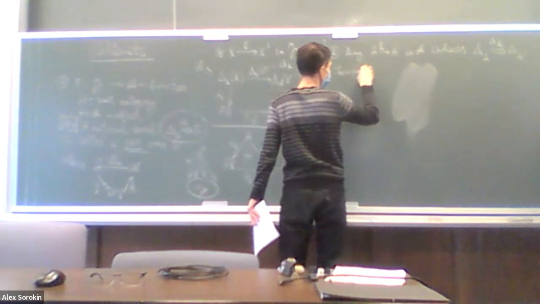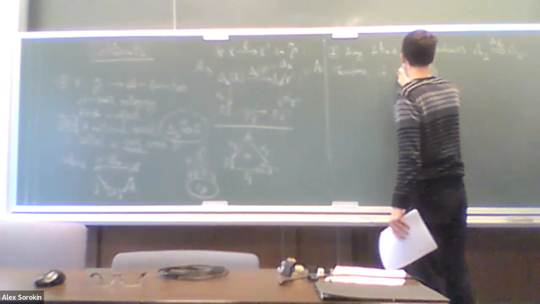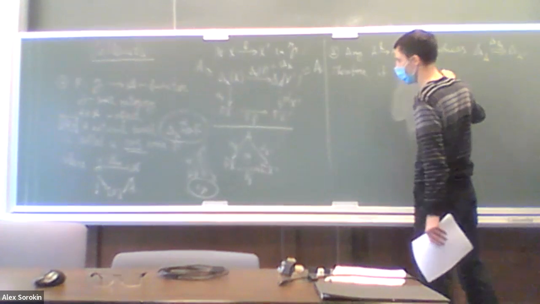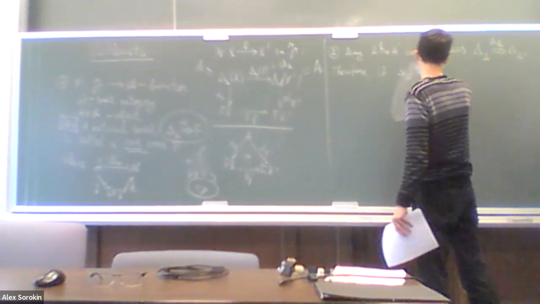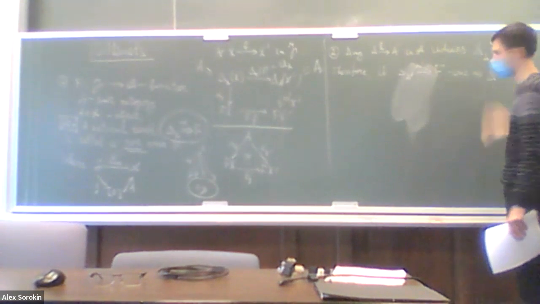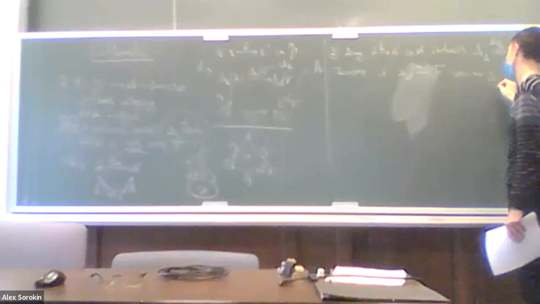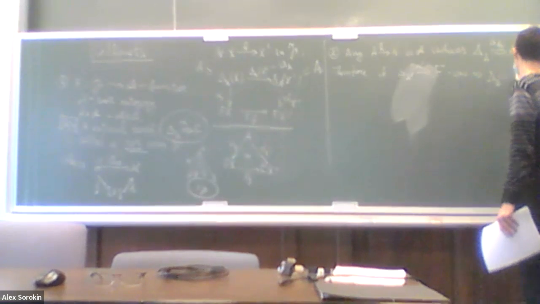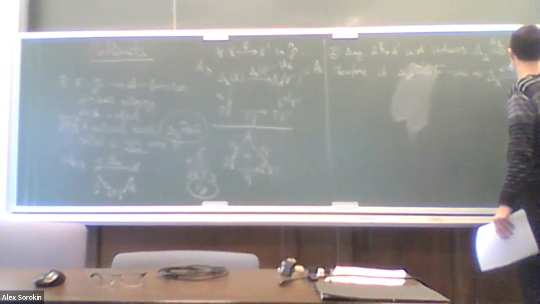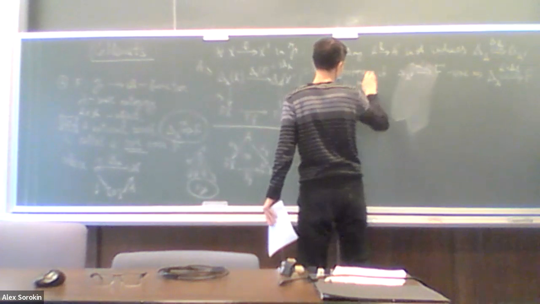Therefore, if delta sub A prime, with a natural transformation to F, let's call it alpha, is a cone, then delta sub A to F, which is a composition of alpha with delta sub h, is also a cone.